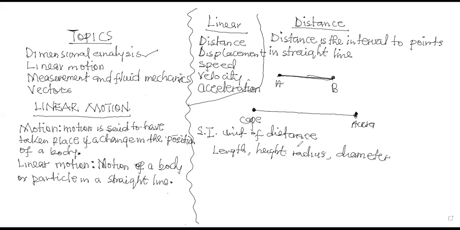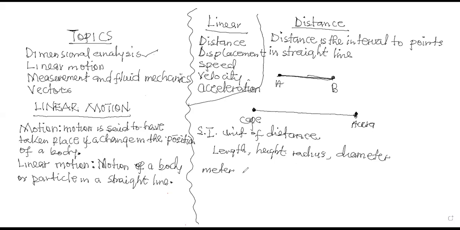Now, the SI unit is a meter, and the SI unit is a universally accepted unit. So the unit meter, when you move from Accra to Ankara in Turkey, it is used.